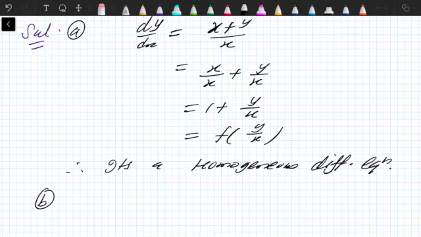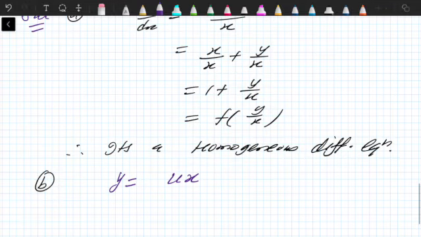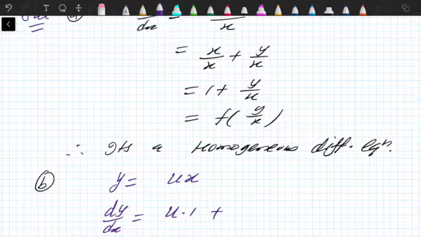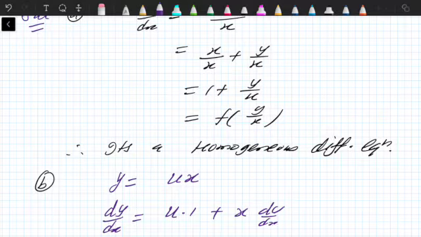Part B: substitute y = ux. Differentiate and apply the product rule: dy/dx = u times 1 plus x du/dx.